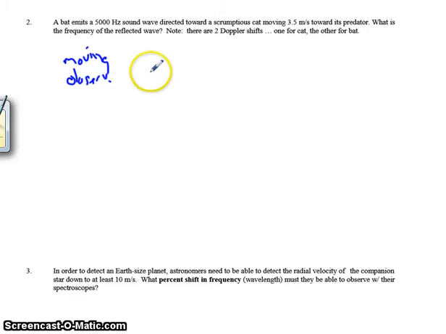We are expecting a higher frequency, so let's call this f prime, but we're going to give it a subscript 1 because that's going to be used in the next situation. It is equal to f, the original frequency, times, since this is a moving observer, v plus u, toward is the plus sign, all over v.